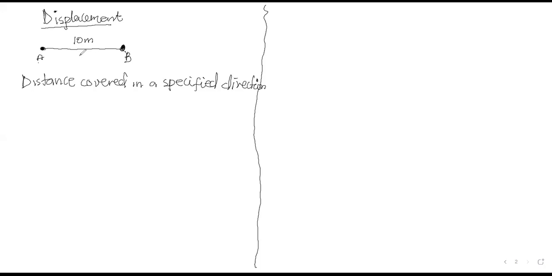So if I want to include how Frank moved, maybe Frank moved from A to B, then I must indicate an arrow in the middle of this line to indicate that Frank moved from point A to B. So this 10 meters with an arrow indicating a movement from A to B is what describes displacement.